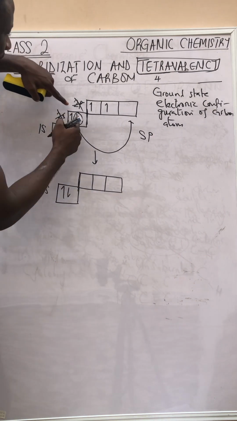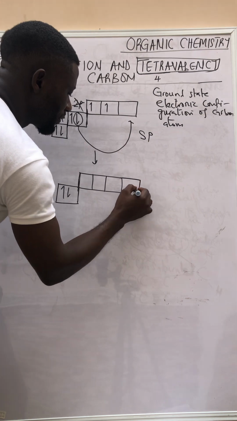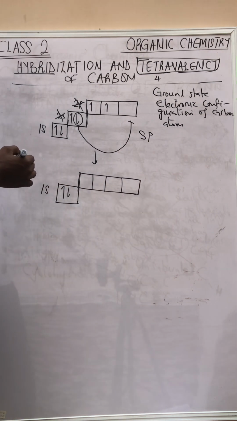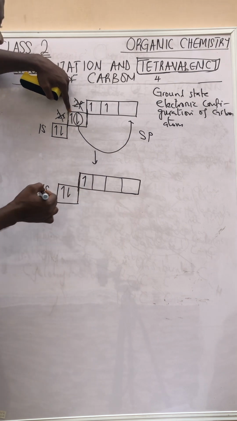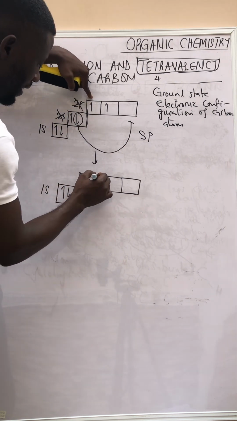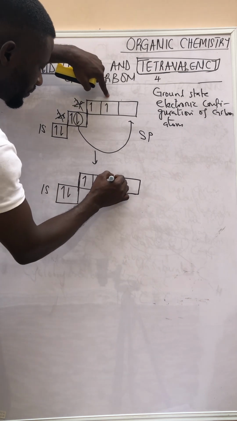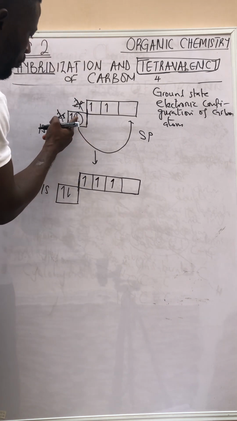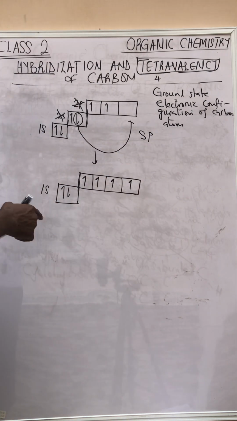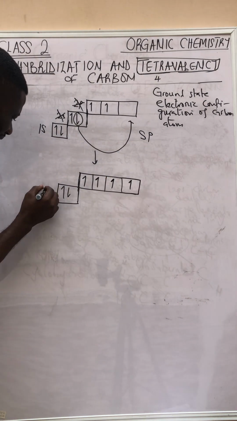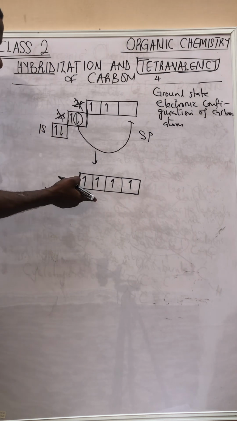Here we have the remaining one electron. There is one here already, there is also one here already, and the one that promoted itself from here to here. This place was 2s, but there is no 2s again.